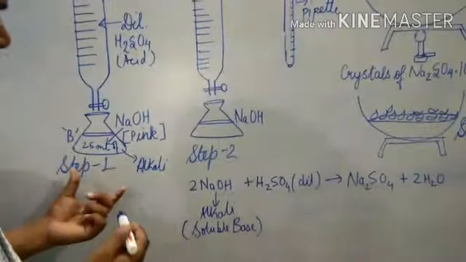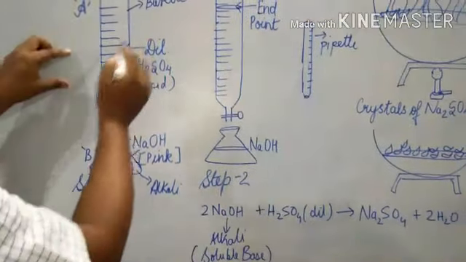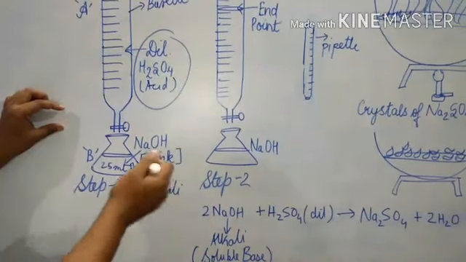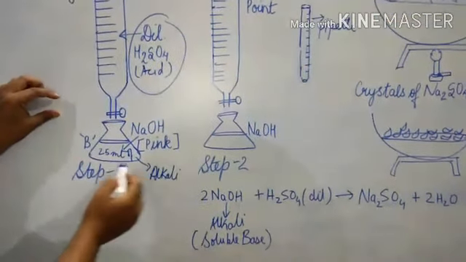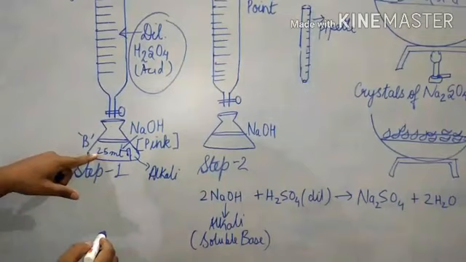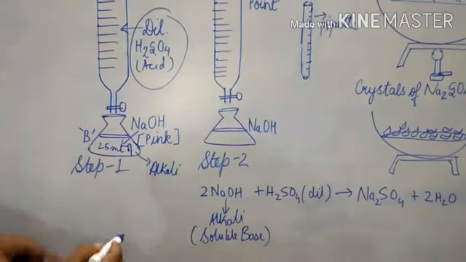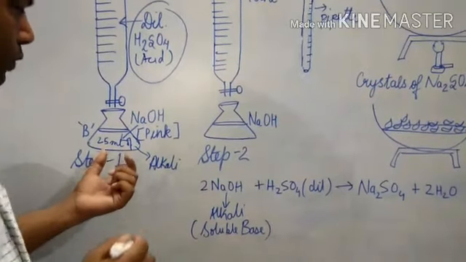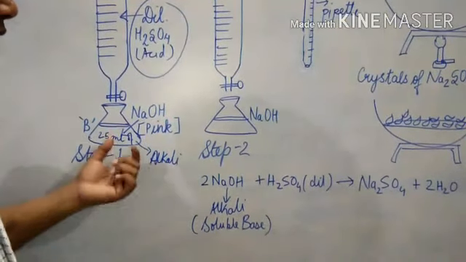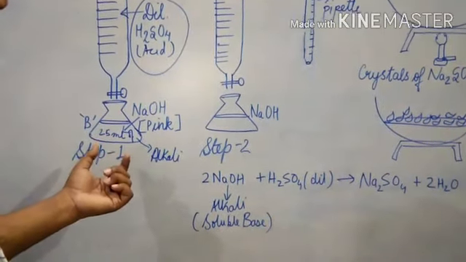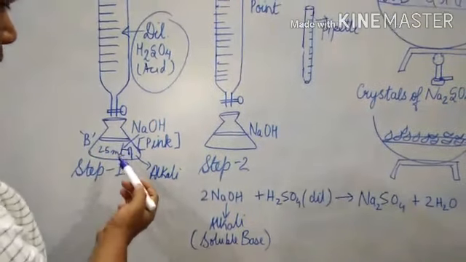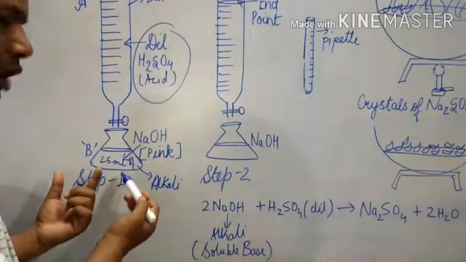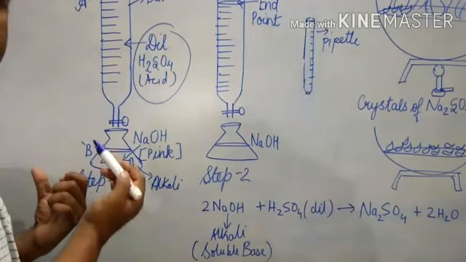So the burette contains acid, and through the pipette we have measured the alkali and put it in this conical flask. Initially this is colorless. Now we add a few drops of the indicator, phenolphthalein. So it becomes pink. The color of this alkali becomes pink.